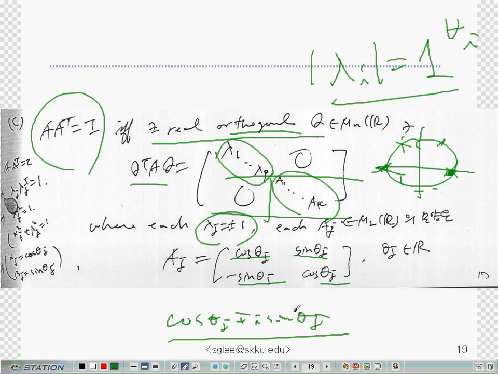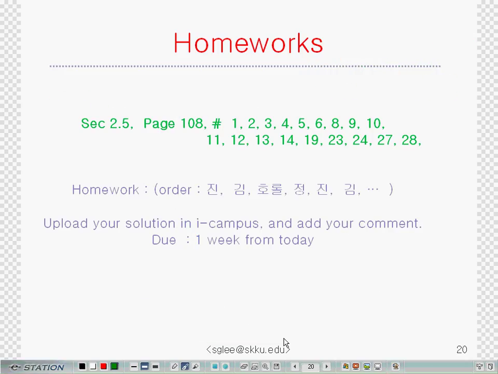So we can find the similar matrix whose entries are the real part in the eigenvalue. So these are all the consequences.